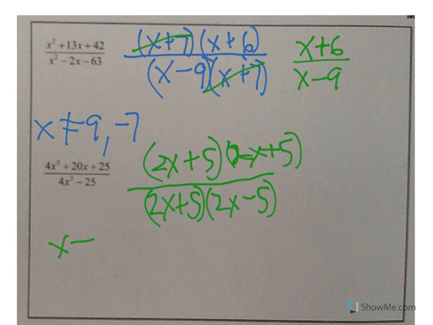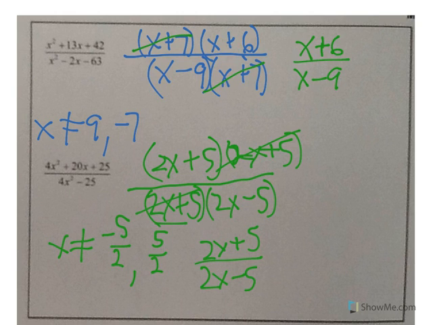X is not going to be equal to negative 5 over 2, because when I solve for that, I end up with negative 5 over 2, or 5 over 2 for the second one there. So now I can cancel this out with this. Now I'm left with just 2x plus 5 over 2x minus 5. And we're done.